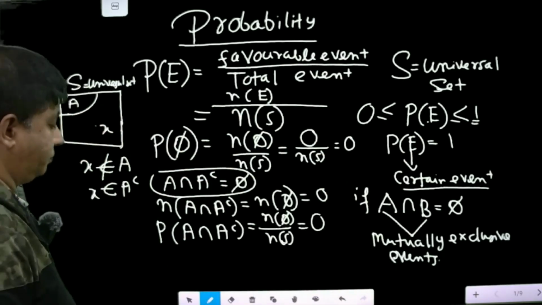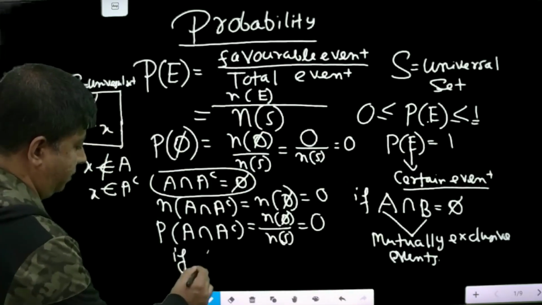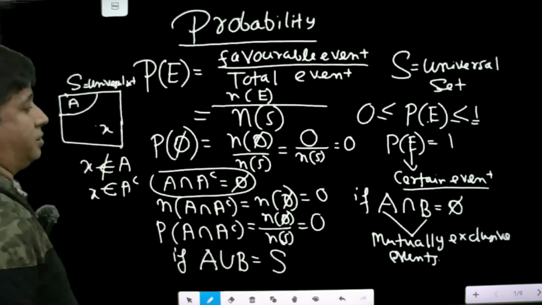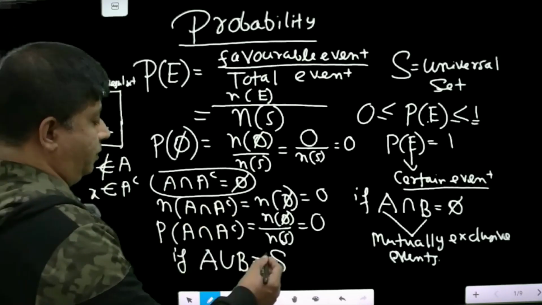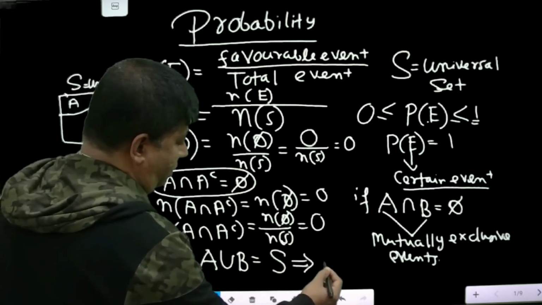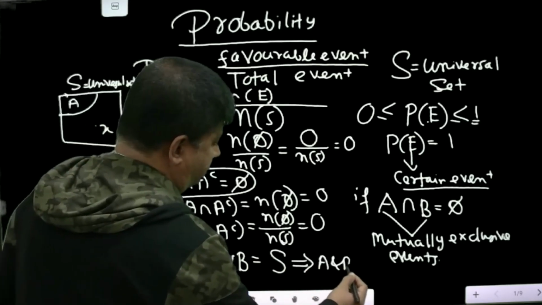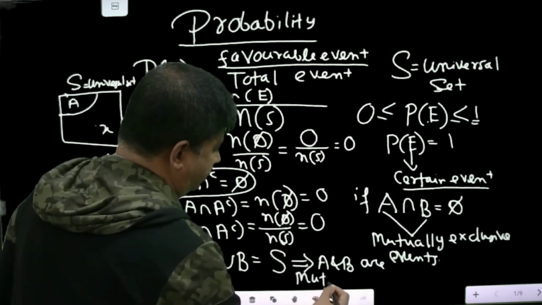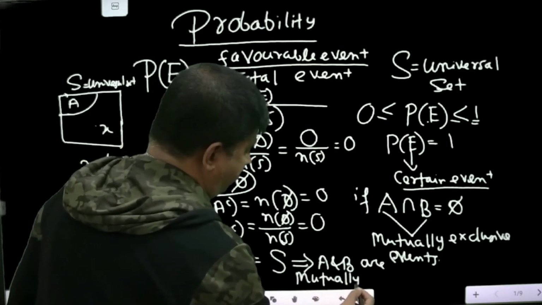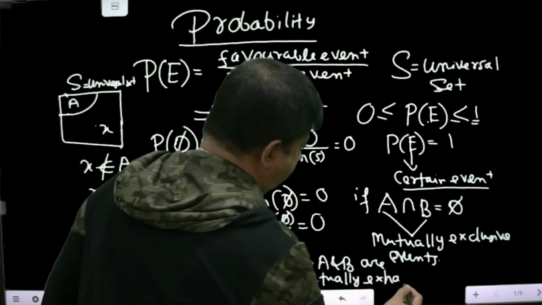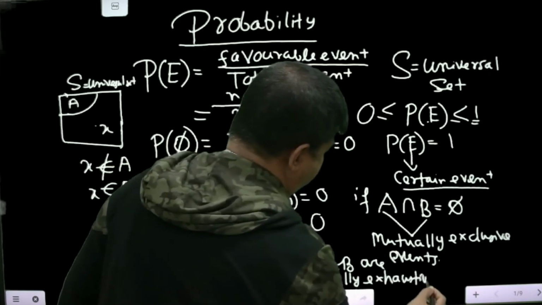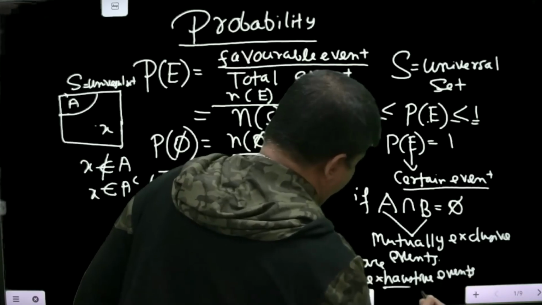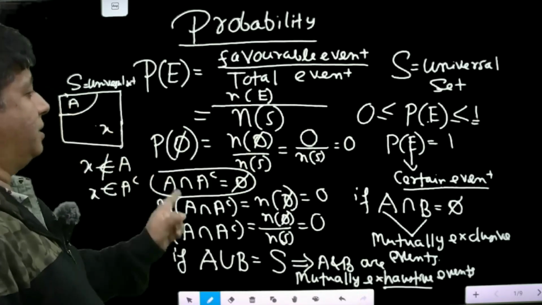And if A union B is equal to S, the universal set, then A and B are called mutually exhaustive events. Mutually exclusive and exhaustive.